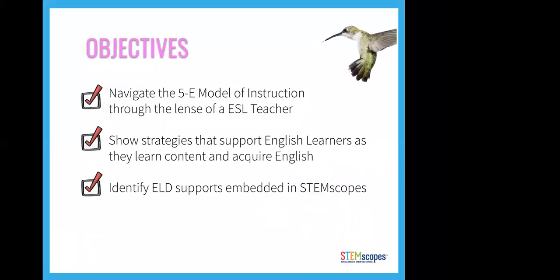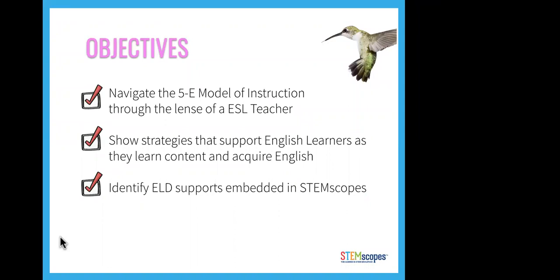The objectives for today are, I'm going to navigate through a lesson using the 5E model of instruction. As a teacher, I'm always striving to improve my instructional practices and, of course, enhance my student learning. I found that the 5E model of instruction was just perfect, the perfect fit for the needs my students have.